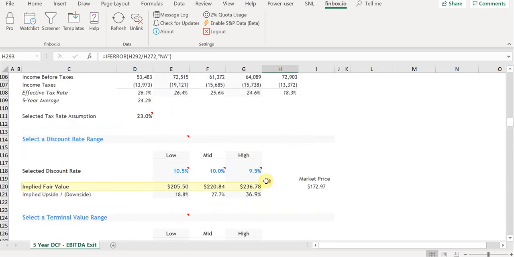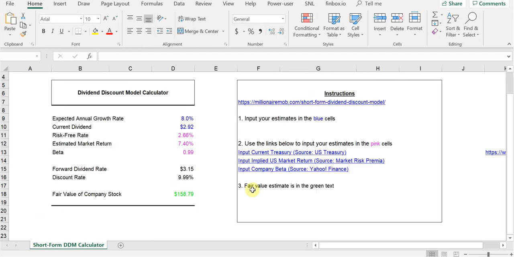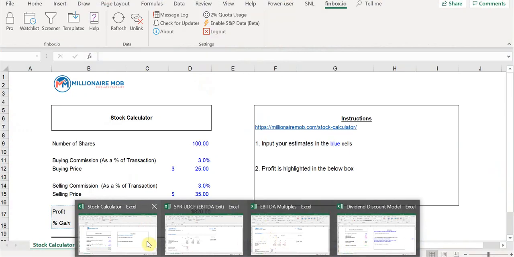So using just the general assumption for DCF value, using Finbox's assumptions, we arrive at a $220.84 per share value for Apple. The other method that we'd want to look at is the comparable company method.